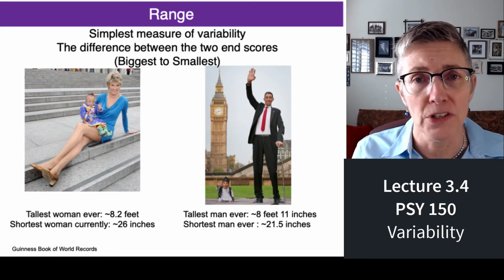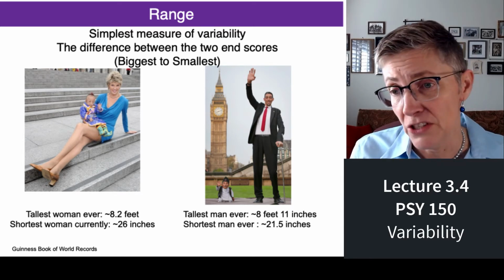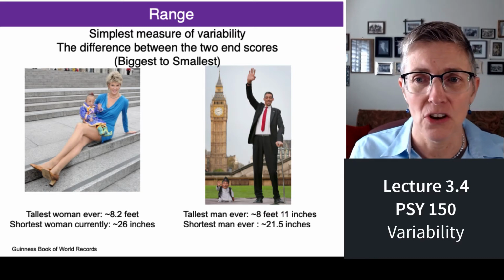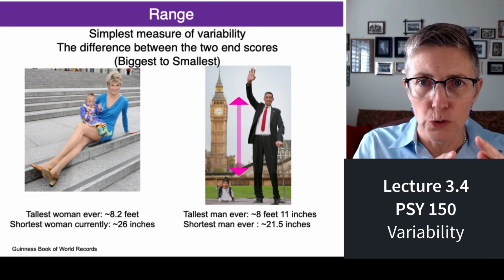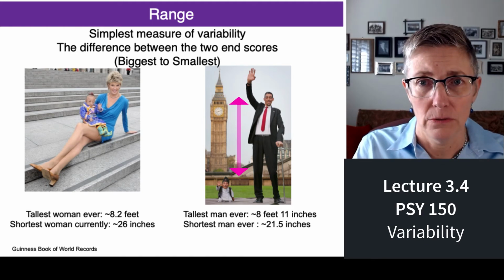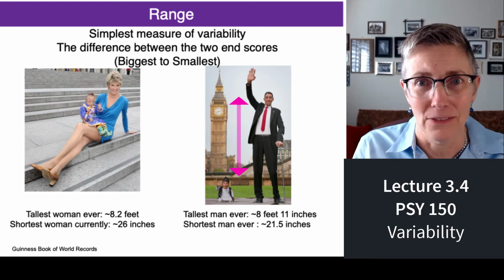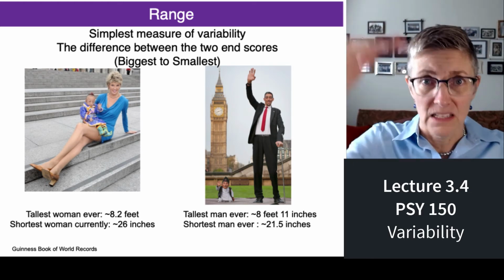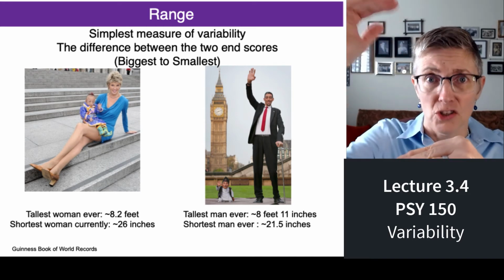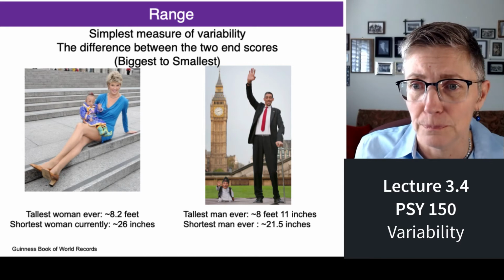And the shortest man who ever lived, who is or was 21 and a half inches tall. The difference between those two men or those two women, that's the range. Okay? You can see in this case, the range would be very big, right? We're talking about a range that's over 6 feet. The difference between the shortest person and the tallest person is over 6 feet. It's tremendous range.